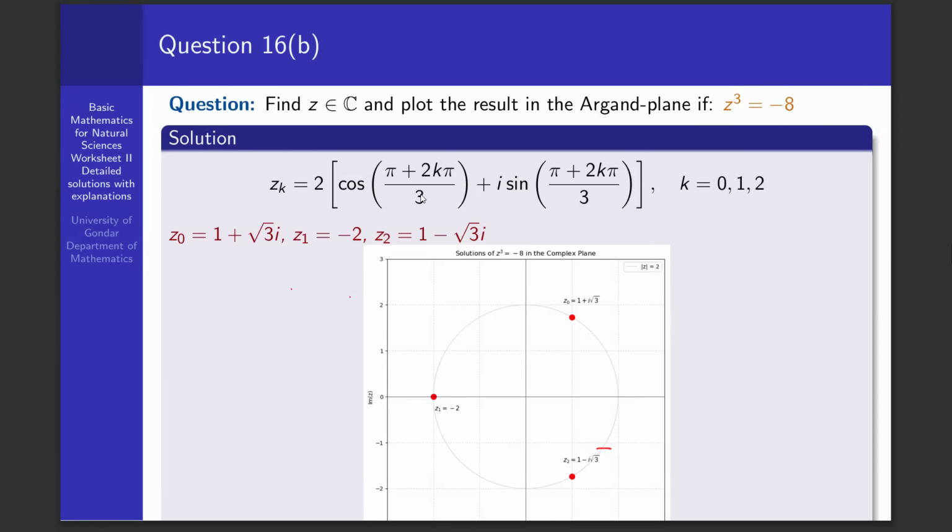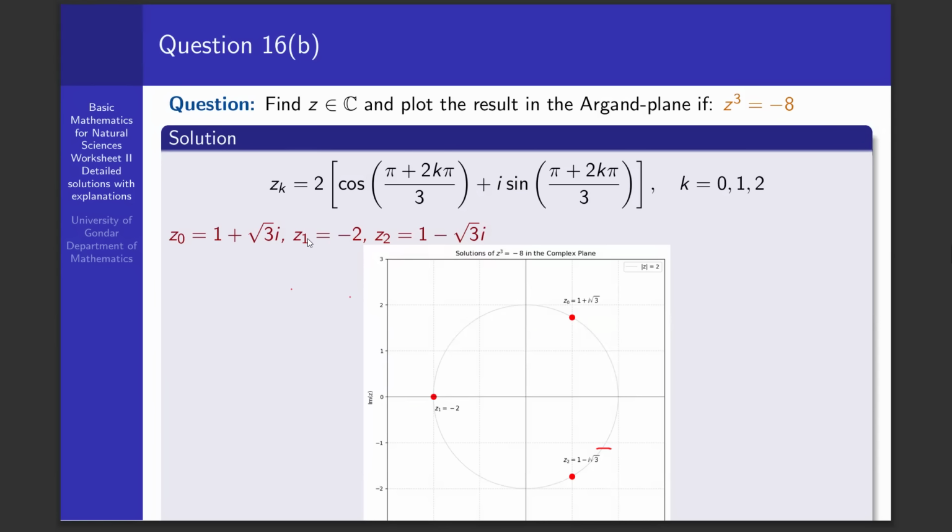Cosine of pi over 3 is, I think, 1 over 2, and sine of pi over 3 is radical 3 over 2. Therefore, the combination could be z0 is 1 plus radical 3 i.